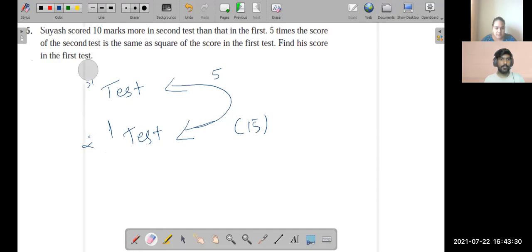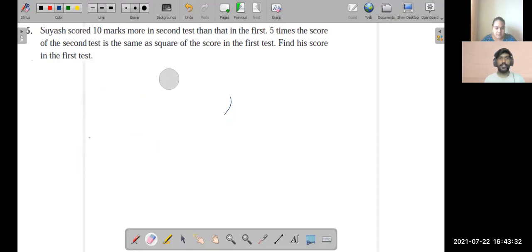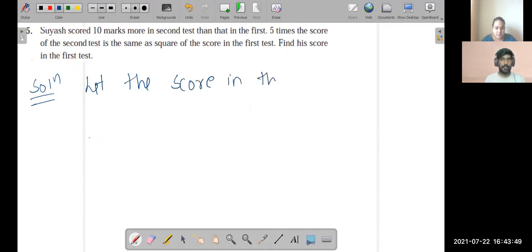Okay, what we have to find is his score in the first test, so take that to be X. Let his score in the first test be X. What will be his score in the second test as per the first condition? 10 marks more than that, so X plus 10.